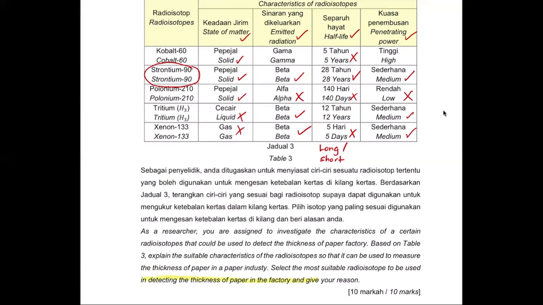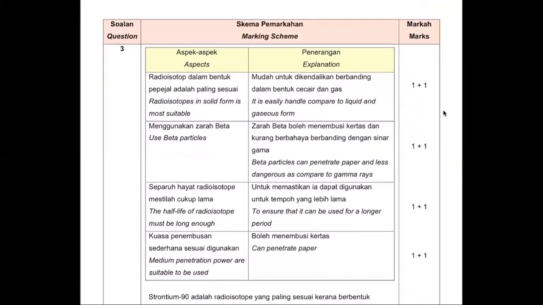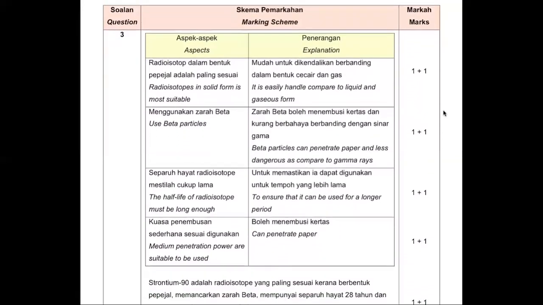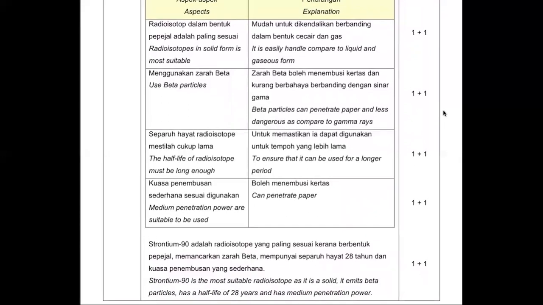Okay, so we will refer to the table. Answer. Radioisotopes in solid form is suitable. Solid form, easy to handle. Use beta particle. Beta particle can penetrate paper, less dangerous as compared to gamma rays.